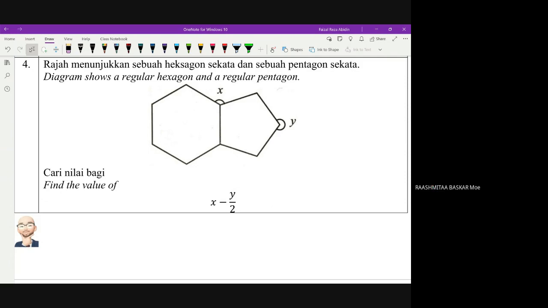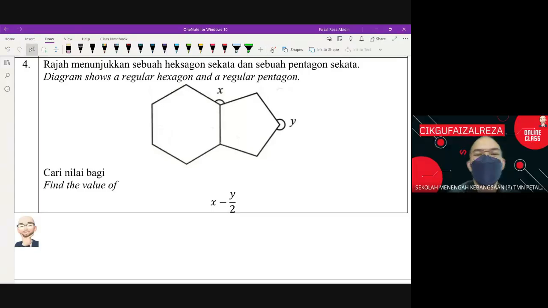Susah. A hexagon, how? The interior angle is n minus 2 times 180 divided by n.